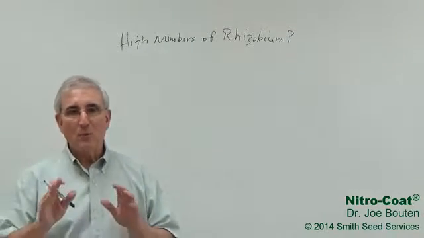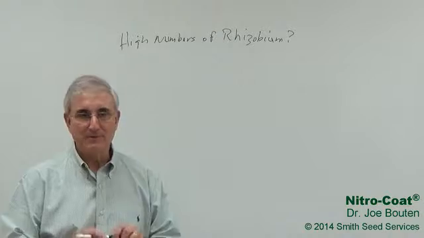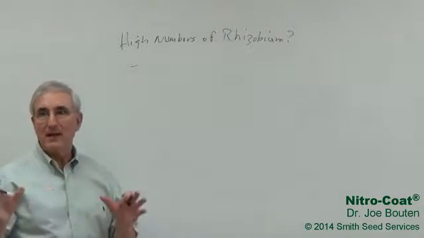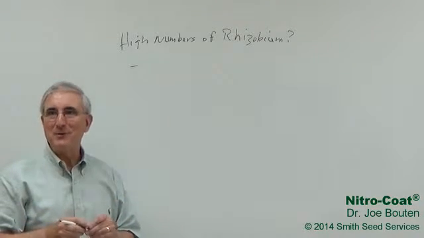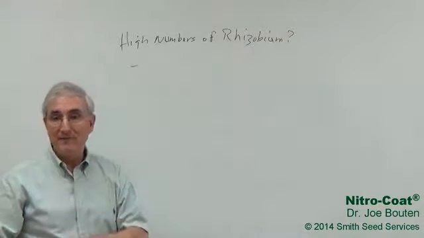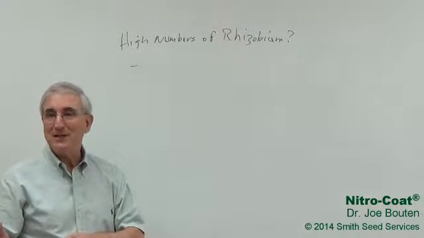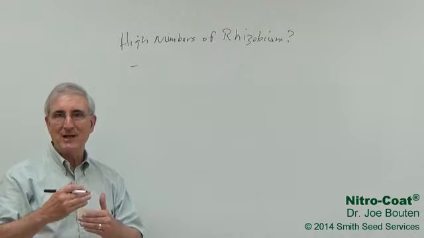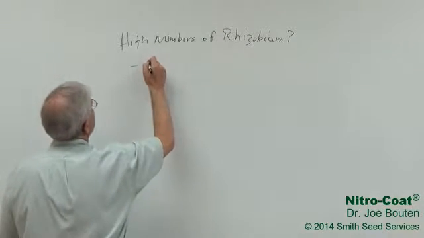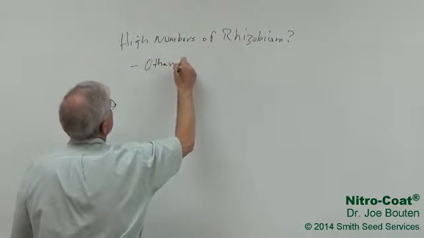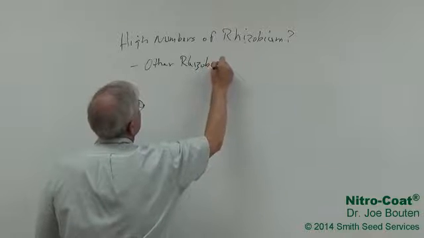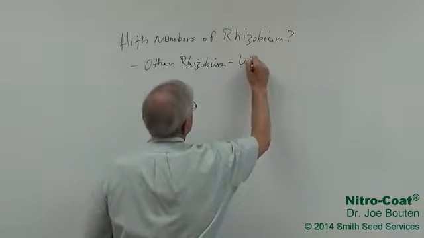So, why is it important to have high numbers? First of all, in that soil, there are a lot of rhizobium, especially ones that are not very good. They might be the right species, but they're not very efficient. They might not actually nodulate. They might actually compete for sites on the infection process. So let's just say there are other rhizobium that are actually the wrong type.